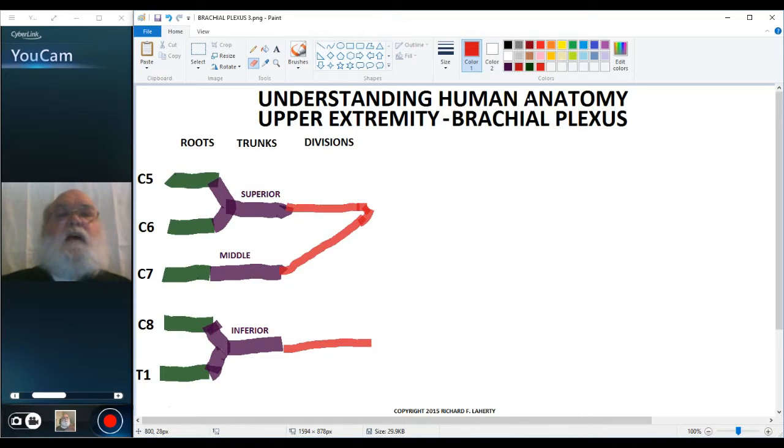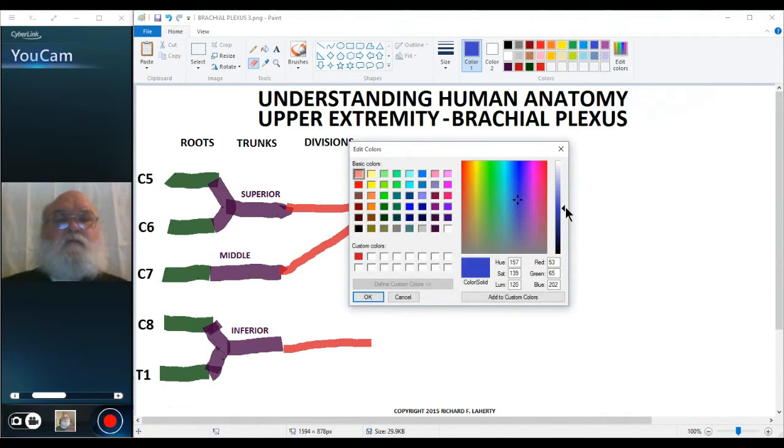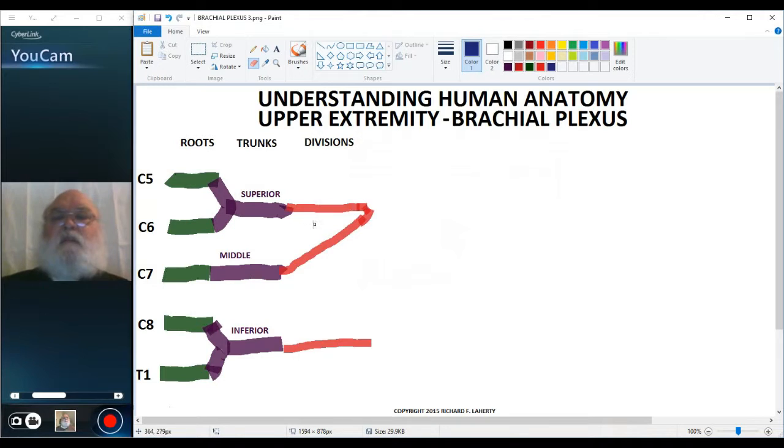Then I will draw the posterior divisions in blue. And the posterior division of the superior trunk will run inferiorly and cross behind the anterior division of the middle trunk.